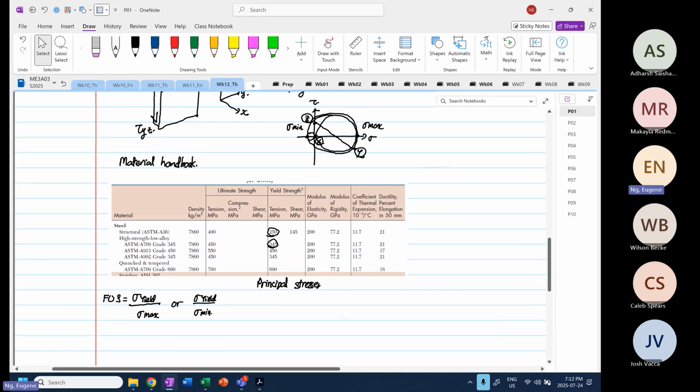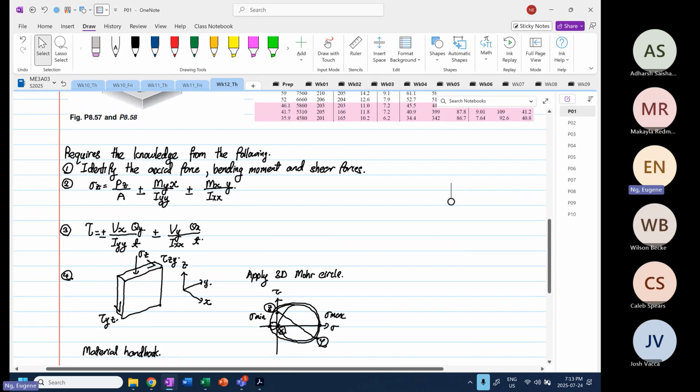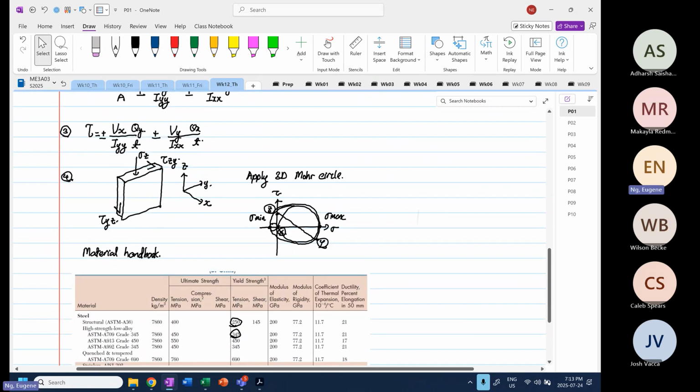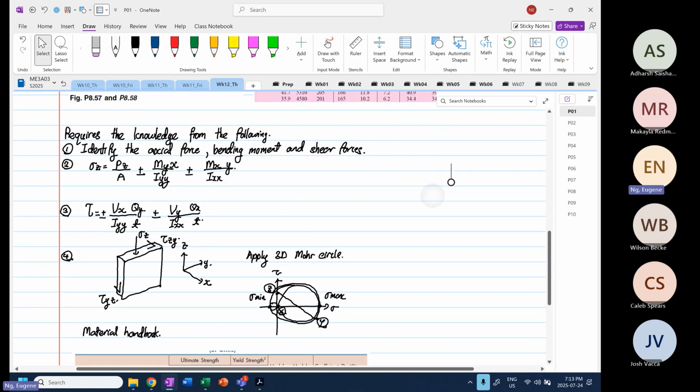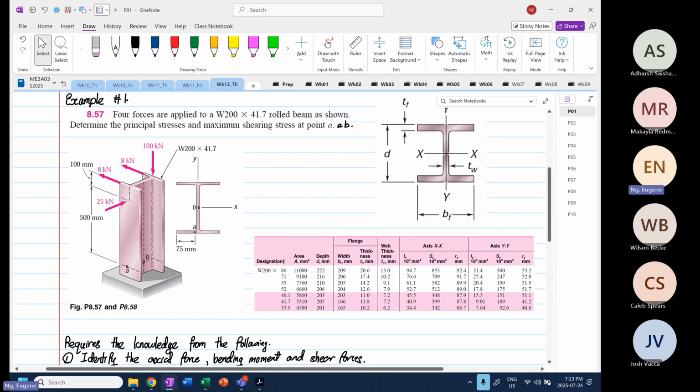Okay, so if you look at the process now, right, this is the entire course, okay, in one question, excluding buckling. We clear?